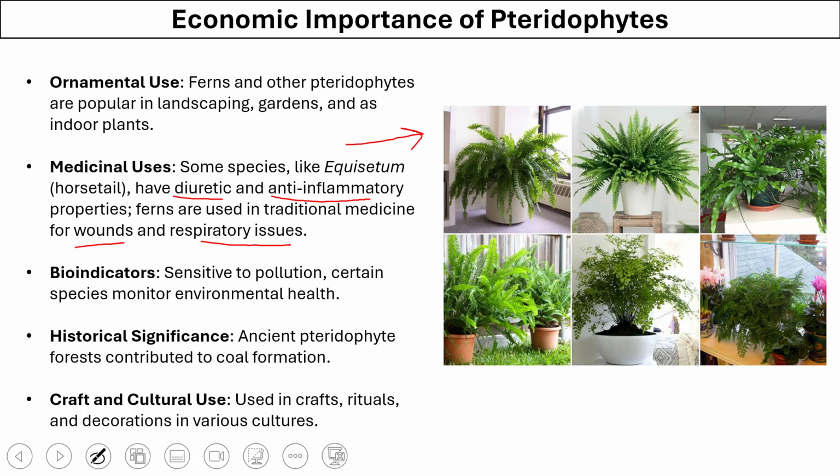They are used as bioindicators to monitor the quality of air pollution. Pteridophytes also contribute to formation of coal, thus producing fuel. These plants are also extensively used in crafts, rituals, and decoration.